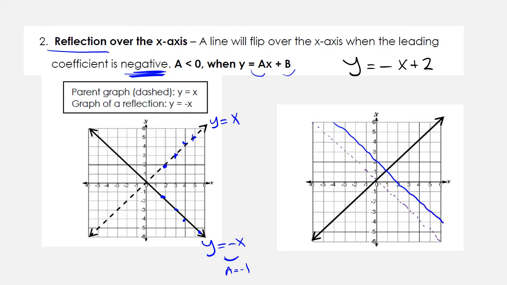As you can see, each point has been translated 2 units up. And our final equation y = -x + 2 is the equation of this blue line.